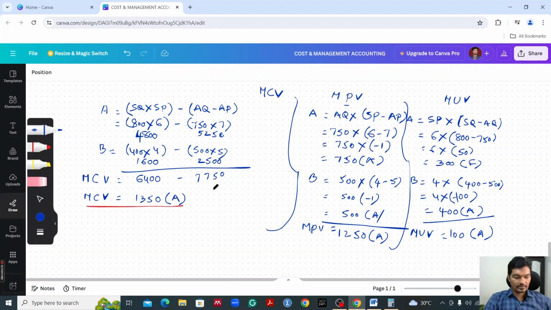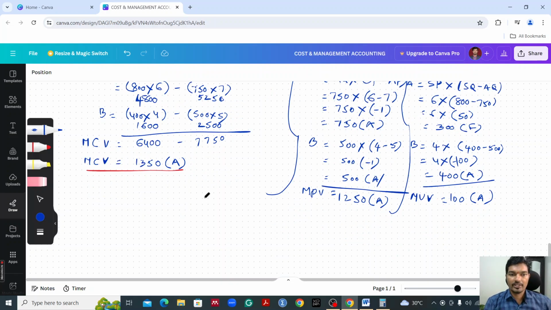So let us check whether we have done the correct process or not. To prove verification, MCV is equal to MPV plus MUV.